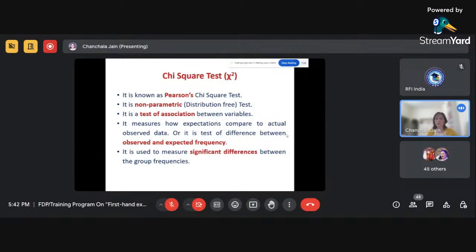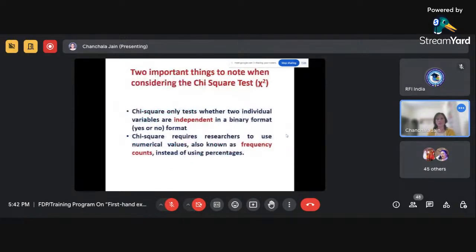The formula of the chi-square is based on the observed and the expected frequencies, right? So we want to check whether there is any significant difference between the expected and the observed frequencies or not. So that way we are performing the chi-square test. Then it is used to measure the significant difference between the frequencies of the groups. So that way we will perform the chi-square test in these situations.